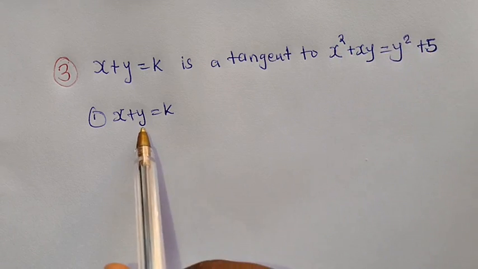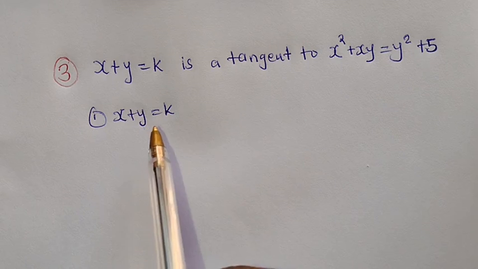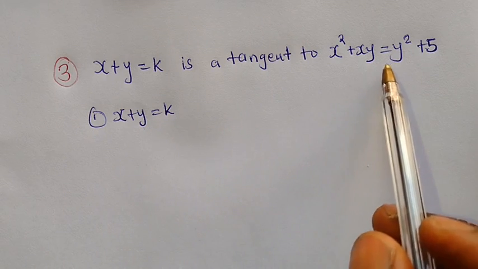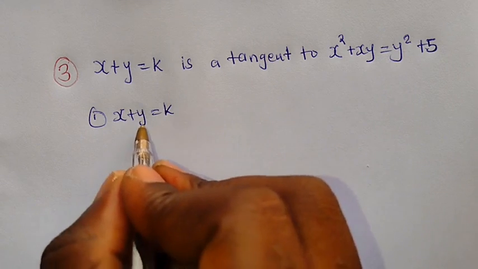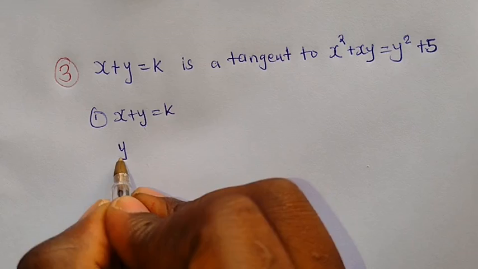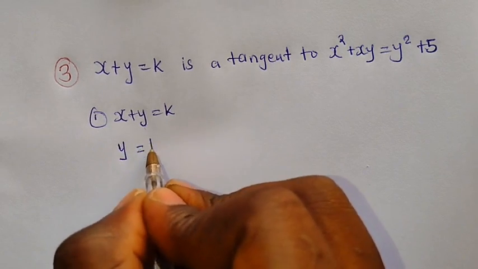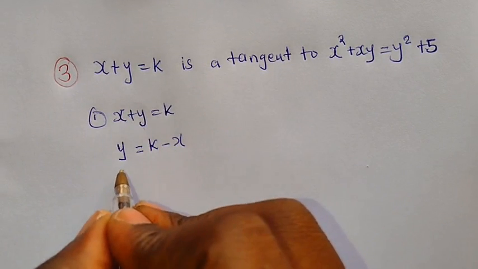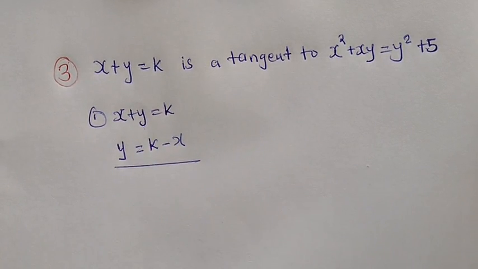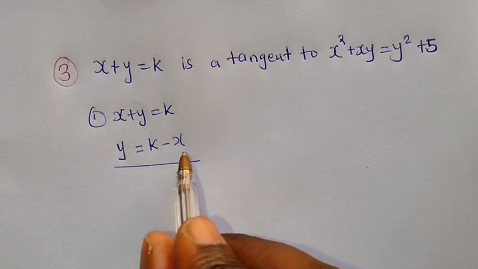So you need to make y the subject of the formula, so that where there is y, you are going to substitute with what you are going to form. So we say y is equal to k minus x. This x will go there. So this is it. We have made y the subject of the formula.